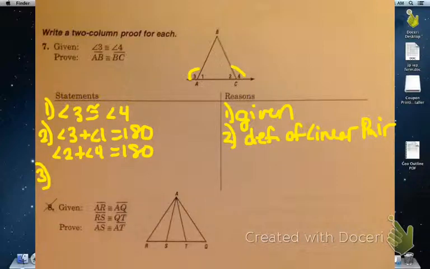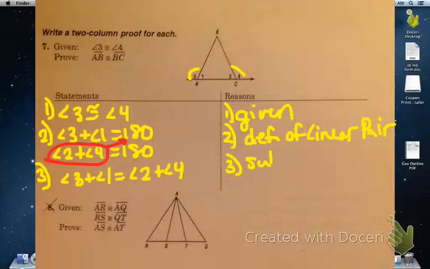Since angle 3 plus angle 1 equals 180, and angle 2 plus angle 4 equals 180, I can take angle 2 and angle 4 and substitute that in for the 180 because they're equal, which is going to give me the new equation, angle 3 plus angle 1 equals angle 2 plus angle 4. And again, substitution property.